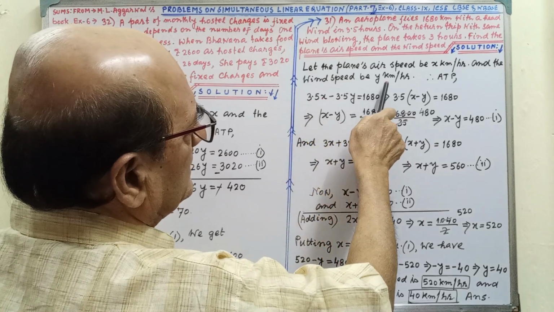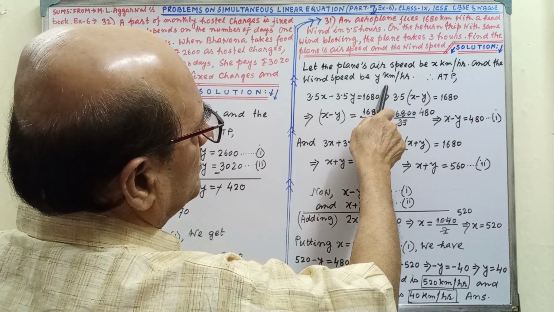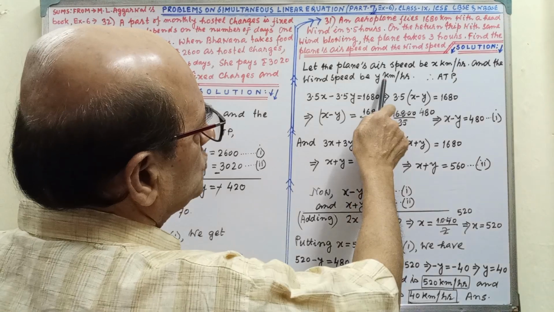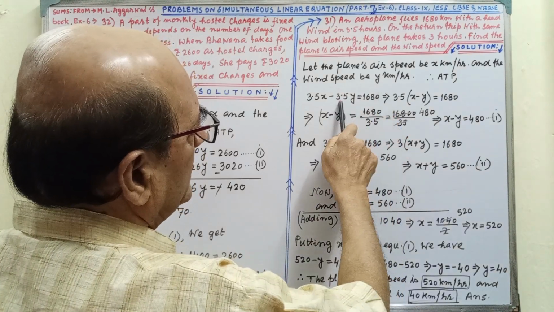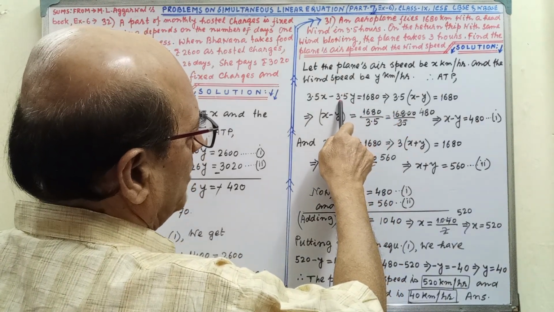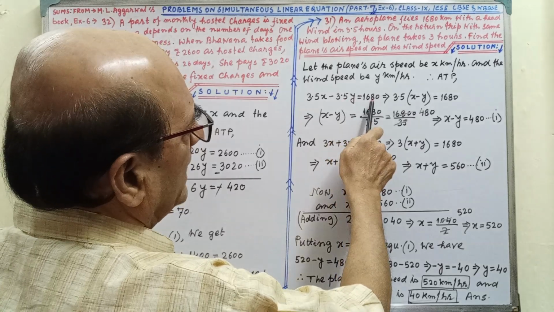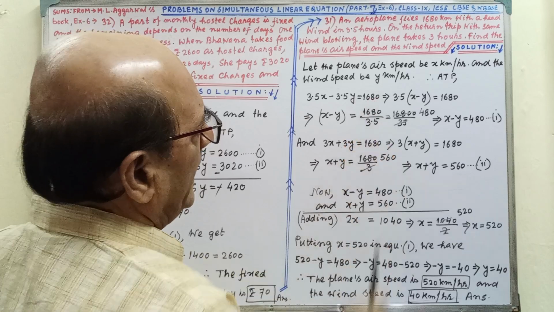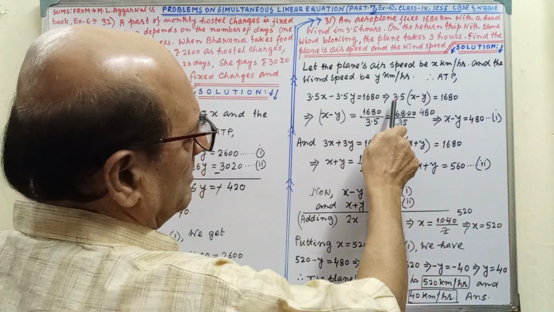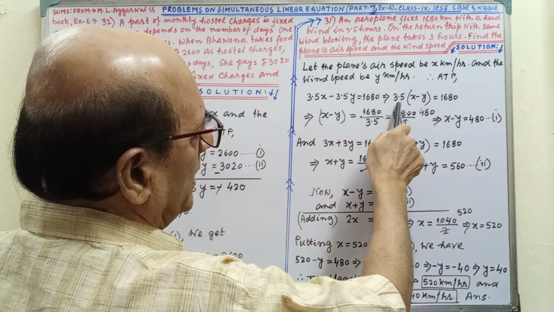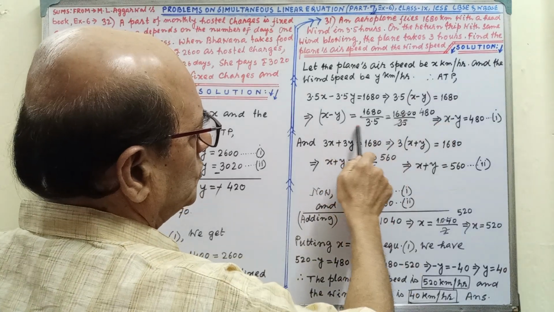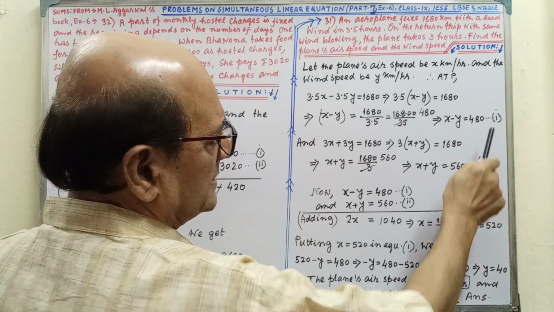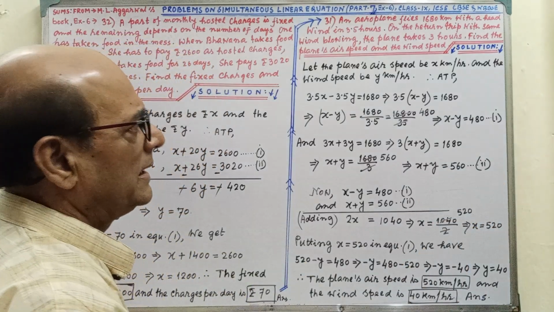And y is the speed of the wind, y kilometers per hour, in 3.5 hours that is 3.5y, and the distance traveled is 1680 kilometers. By taking 3.5 common and simplifying, we get x minus y equal to 480. This is denoted by 1.